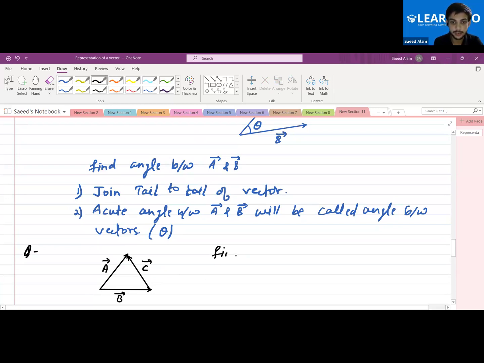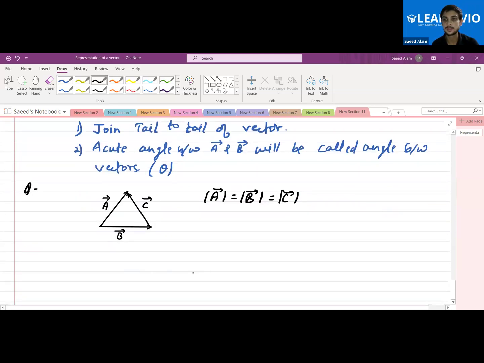Now you just need to find out, and one more piece of information is given: the magnitude of A is equal to the magnitude of B is equal to the magnitude of C. That means what kind of figure is it? Is it a known figure? Yes, an equilateral triangle, exactly.